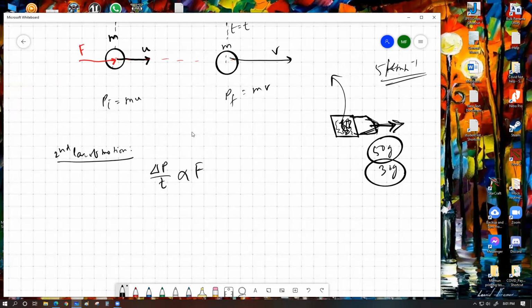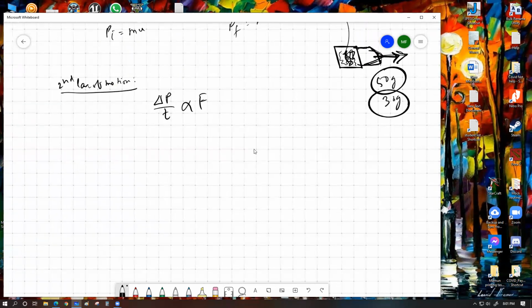Now we're going to work further with this proportionality and eventually see what comes out of it. Just to convert this into an equation, we can give a proportionality constant. So delta p over time equals constant k into F, and then we can break down this whole thing.